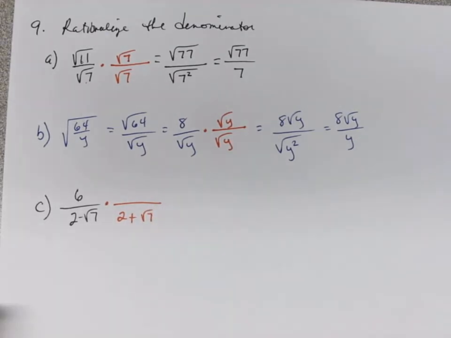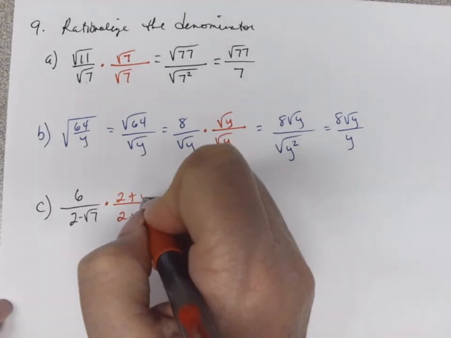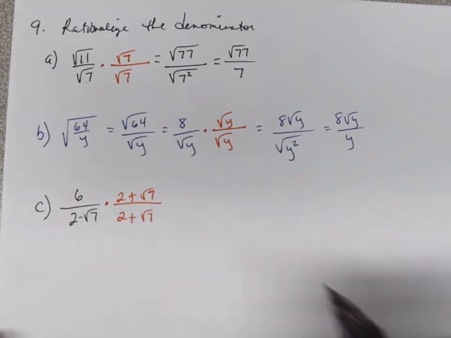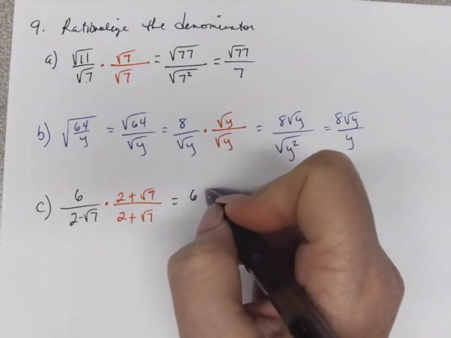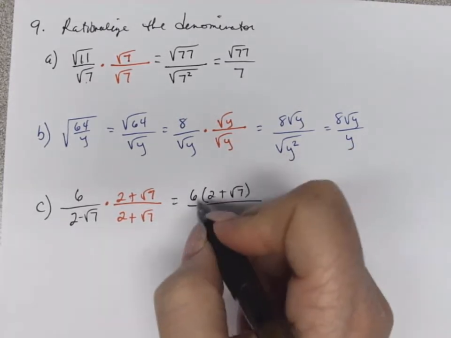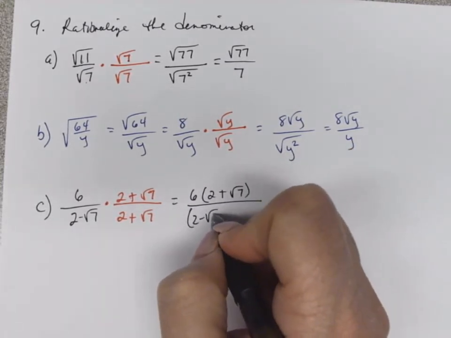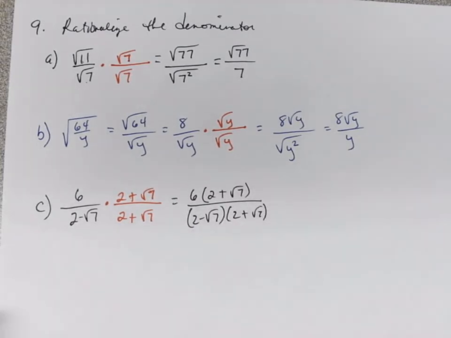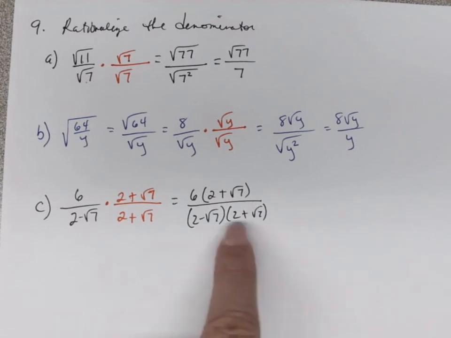That is our conjugate. All right, this will become 6 times 2 plus the square root of 7 on the top. And on the bottom, we have 2 minus the square root of 7 times 2 plus the square root of 7, which is a, we can see that this will turn into a difference of squares.